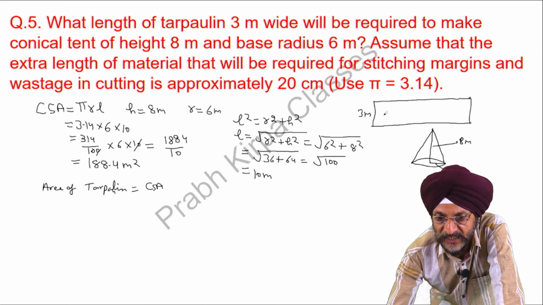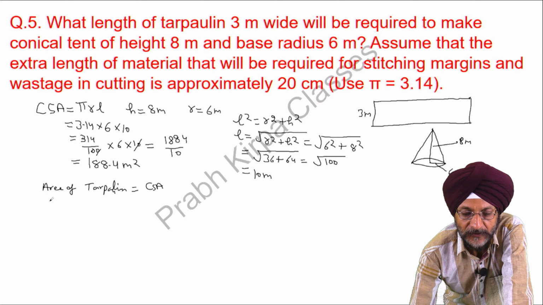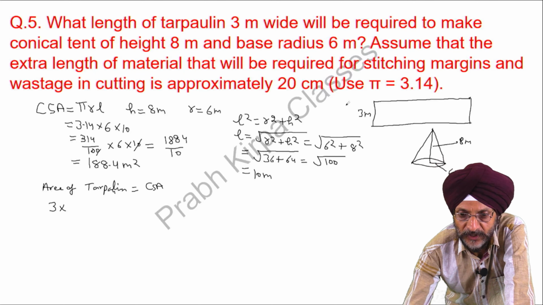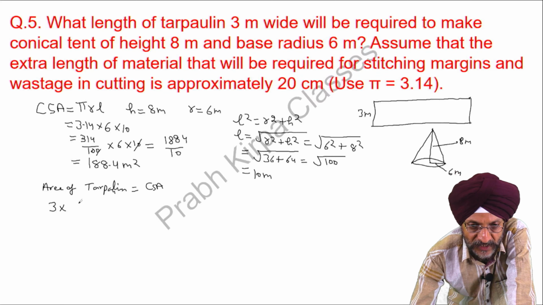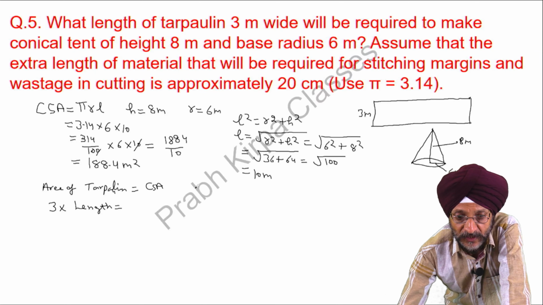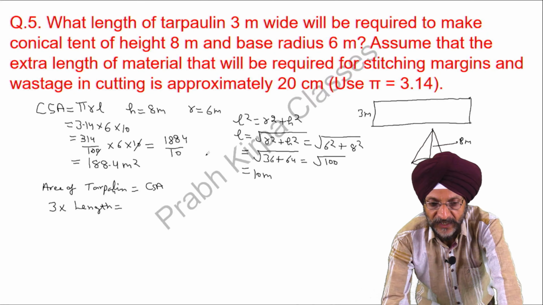This is length into breadth. We know that the breadth has been given to us as 3, but we do not know the length. We have to calculate the length. This is the area of tarpaulin. The tarpaulin is to be used for the area of the tent.